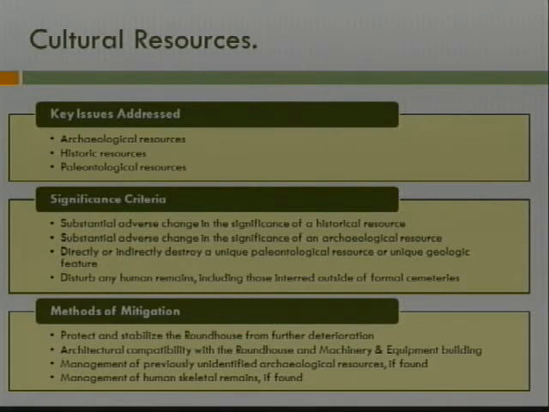And so you'll see mitigation measures that deal with stabilizing and eliminating the potential for further deterioration, looking at architectural compatibility surrounding the roundhouse as well as the machinery and equipment building. And those are based on criteria used by the Department of Interior, the Secretary of Interior, so there are basic standards that are used to determine how you protect the setting.